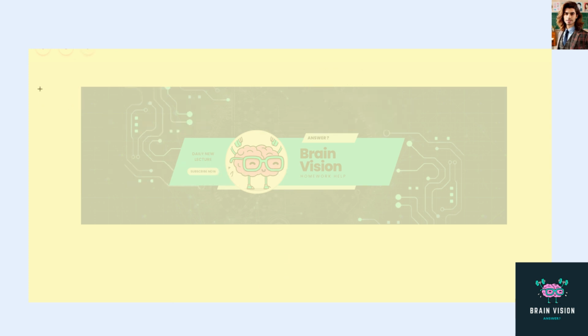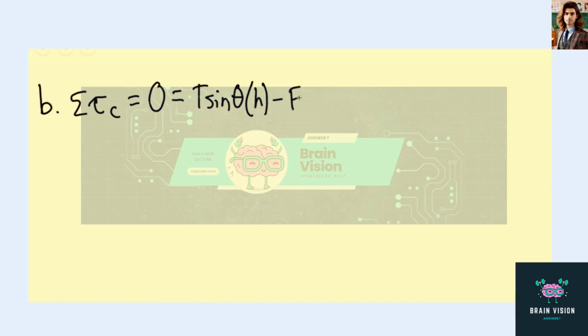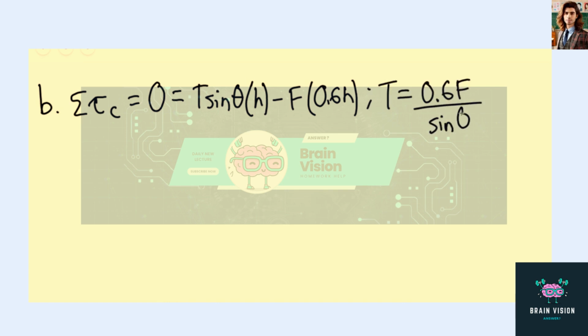And so for part B, we can say that the net torque about point C is going to equal 0 once again. So this will be T sine theta of H minus F times 0.6 H now. So this means that T is going to be equal to 0.6 F divided by sine of theta.